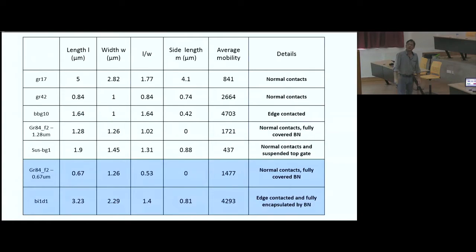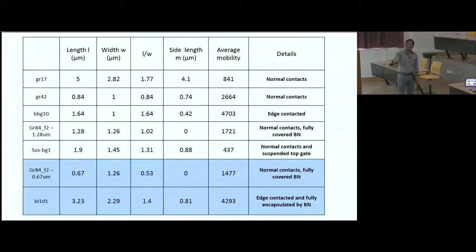So I'll show you 7 samples. This is actually a painstaking experiment; there are 7 different experiments done. What we have done is use very short channels of approximately a micron or 2 microns, rather than tens of microns. Also, the width is smaller, and the aspect ratio varies.